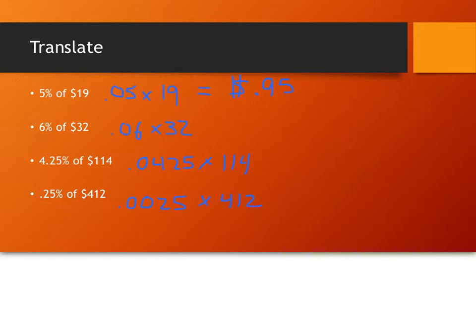When you do 6% of 32, that comes out as 1.92. This is also in dollars. Now 0.0425 times 114, this one's a little bit tricky because when you calculate this, we get 4.845.